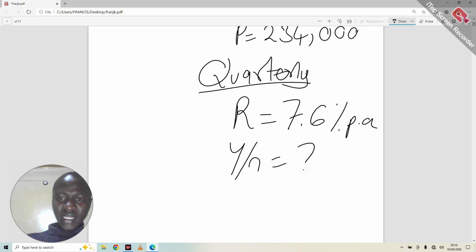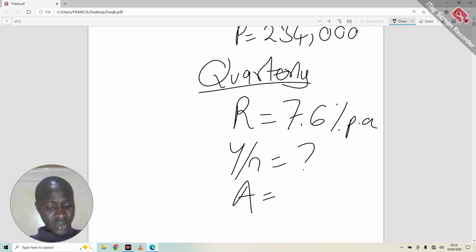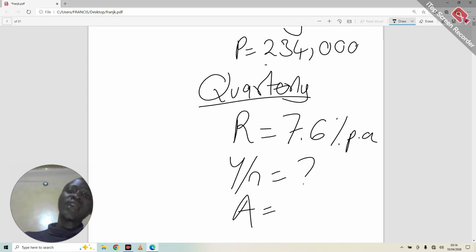During which year did this amount in the bank first double? Now, which amount did Otieno deposit? 234,000. But we are being told that this amount doubled.